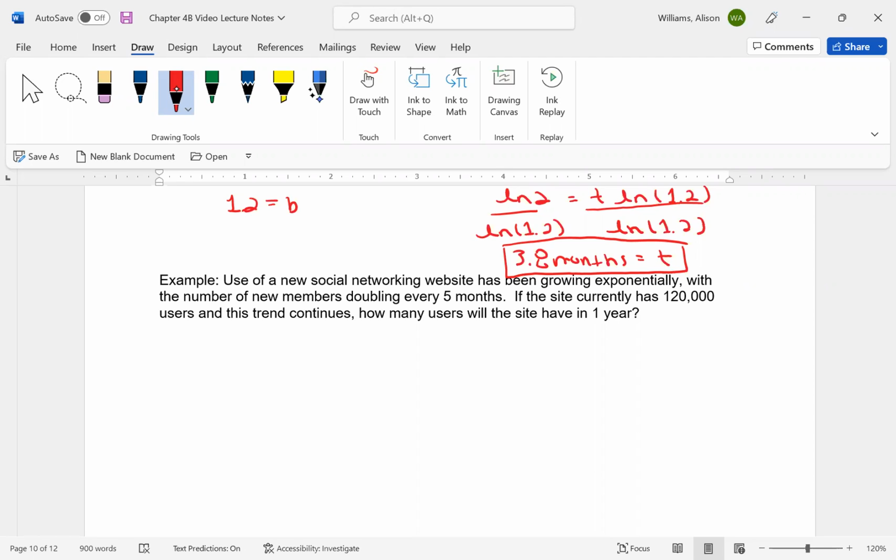Okay, so following that trend in 1 year. So if our doubling time is 5 months, I can find B by raising both sides to 1/5, not half. That's a 5.